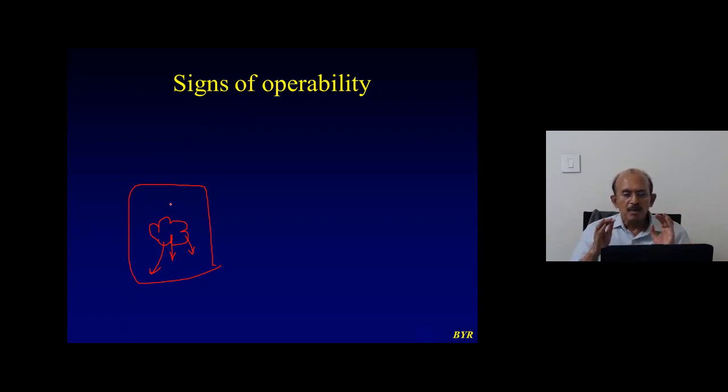So operability means whenever the tumor is confined to the organ of its origin, without spreading to the adjacent viscera, without spreading to the lymph nodes, without spreading to the distant organs by bloodstream, then it is called an operable tumor. It is not by size. Of course, size also counts.